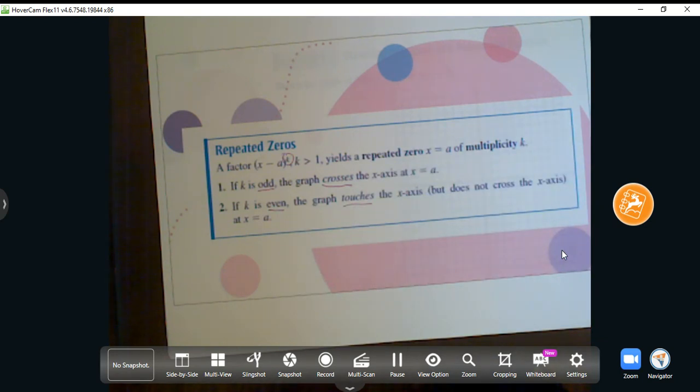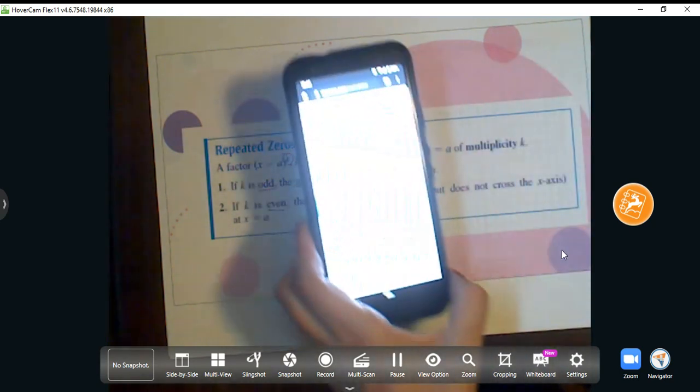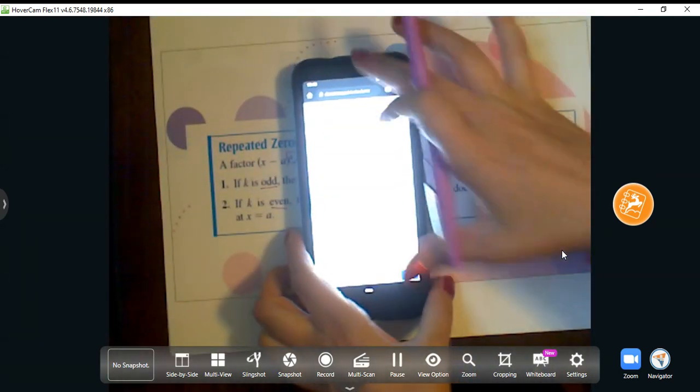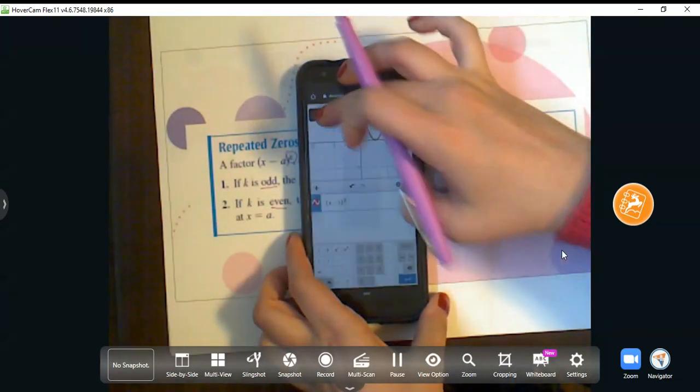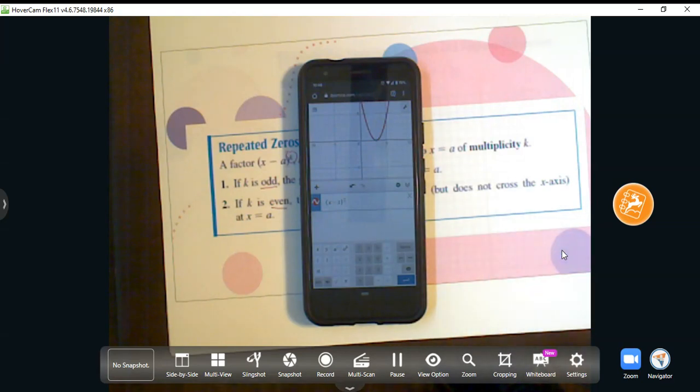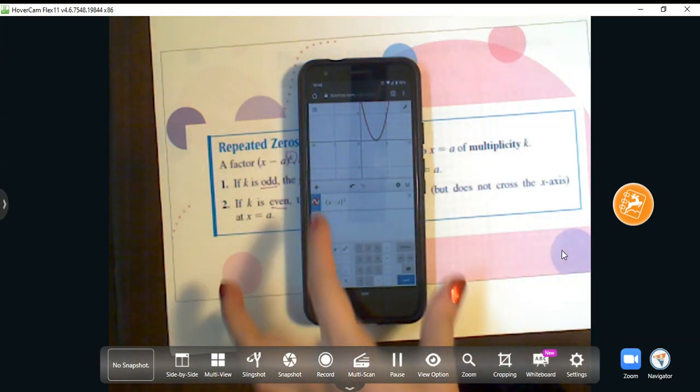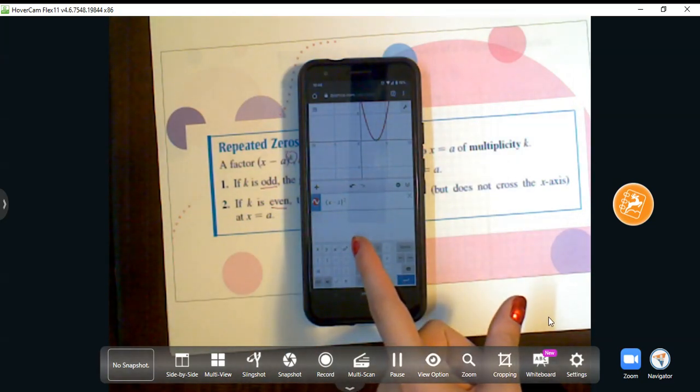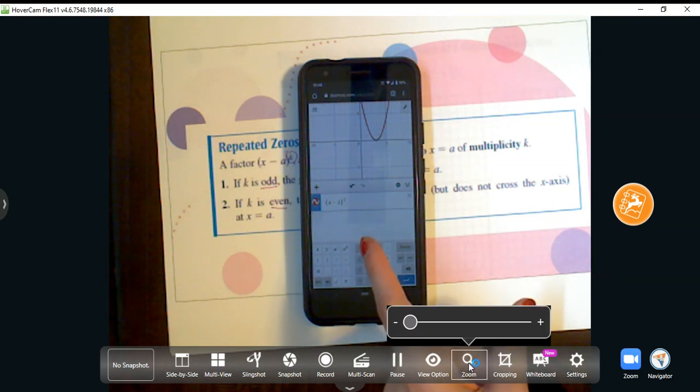And so let's look kind of at what I mean by that. So notice here, on my graph, it's a little bit hard to see, but I have x minus 3 quantity squared.